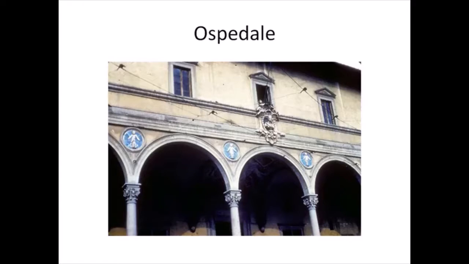Well, these columns and column capitals support these really simply beautiful rounded arches. Directly above that, you see that big old whopper of a horizontal? That's the entablature. Brunelleschi was very precise in all of his measurements.